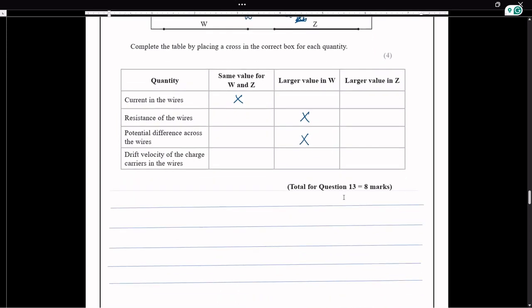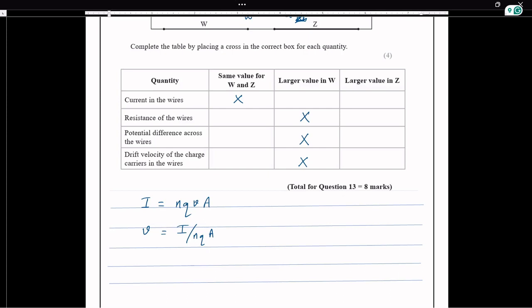But here the drift velocity will be more in W than in Z. Because we have the relation I equals nqvA, or the drift velocity v is equal to I over nqA.